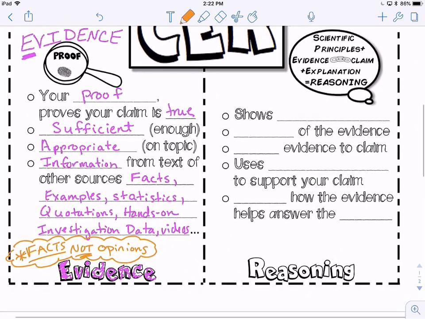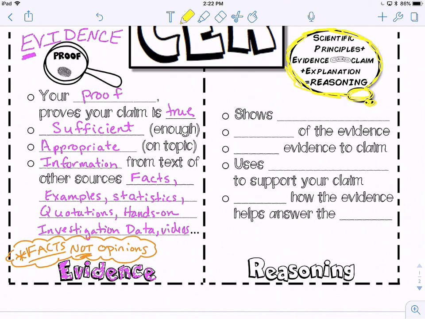Now, here's the thing about reasoning. Okay, and this is super, super important, this lovely little bubble up here. I suggest you highlight it, you do some stuff to it, make sure you can find it.